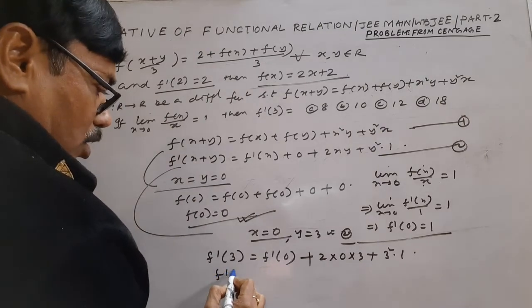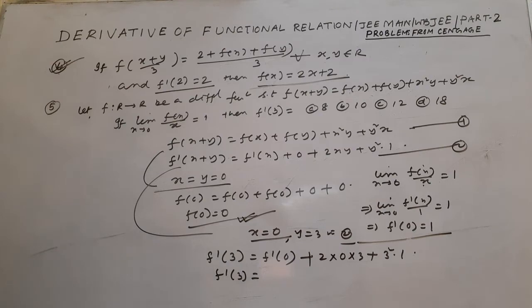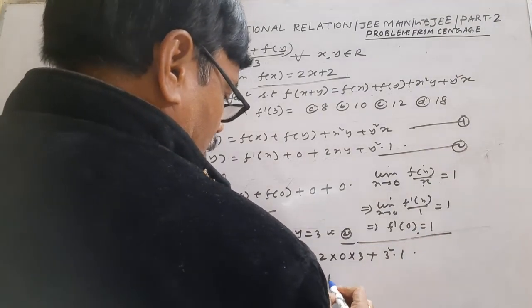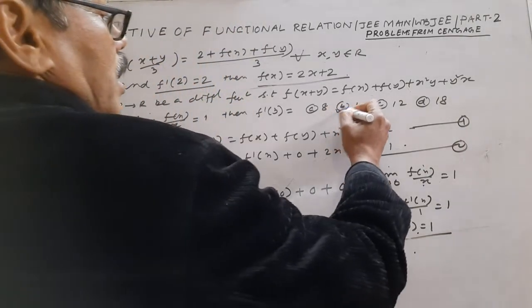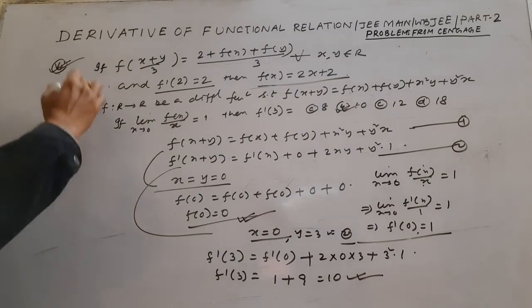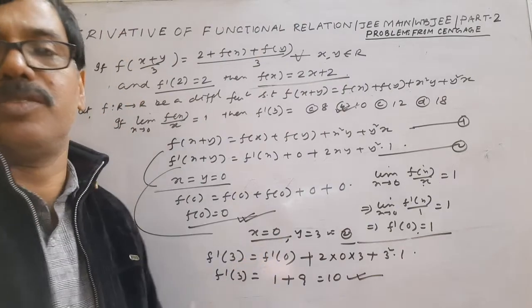So f'(3), what is f'(0)? f'(0) is 1. 1 plus 9 equals 10. So very simple problem if we use this method.